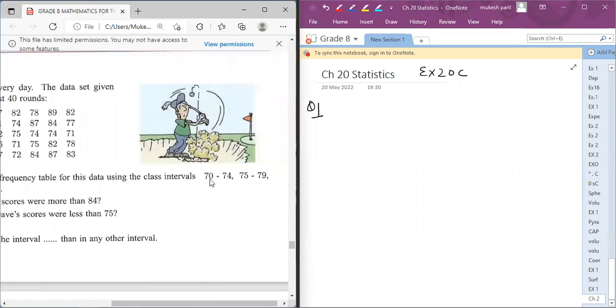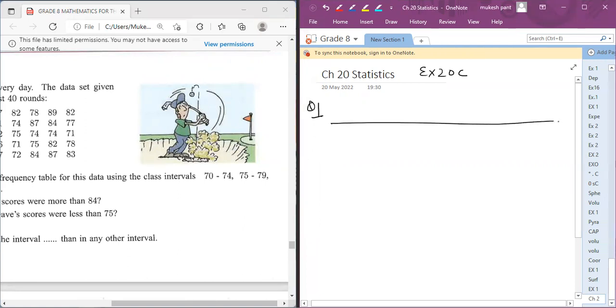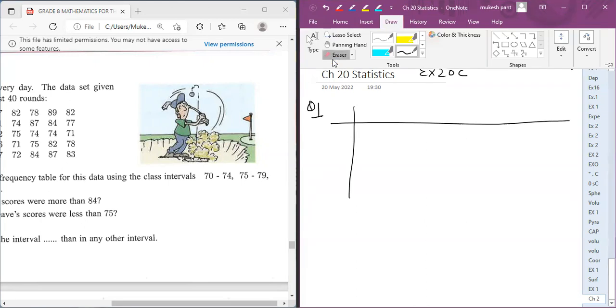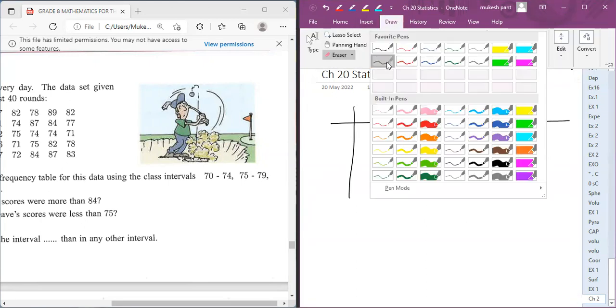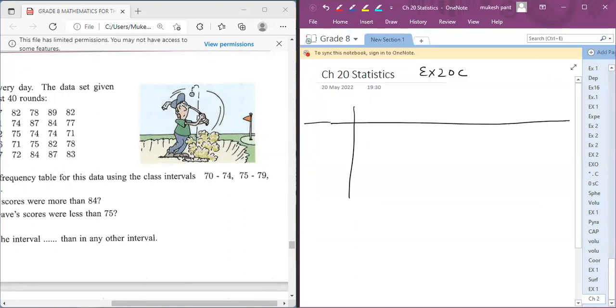So first of all, we write the class interval, and then you will draw the table. Suppose this is the class interval.